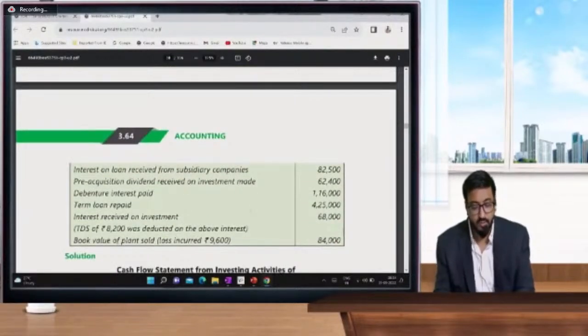Interest on loan received from subsidiary? Inflow. Pre-acquisition dividend received? नहीं. Pre-acquisition dividend received is financing activity. It is investing activity. Debenture interest paid.